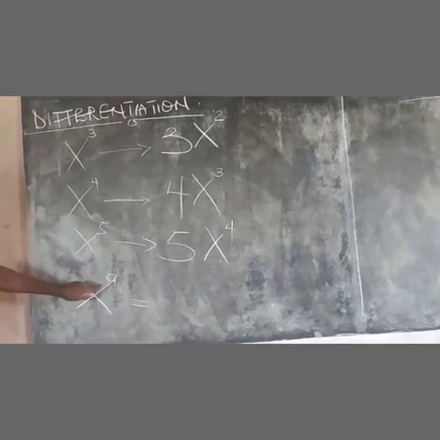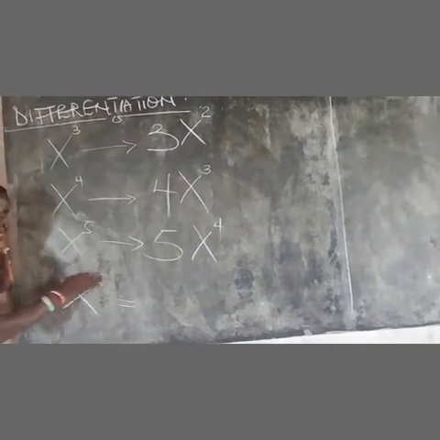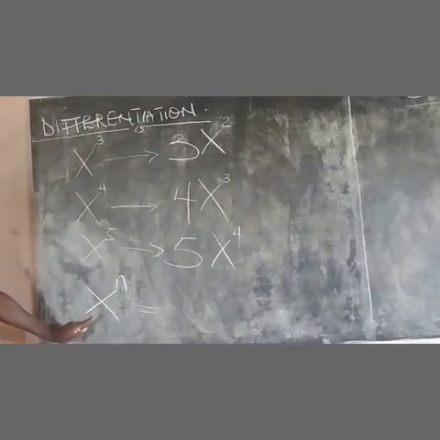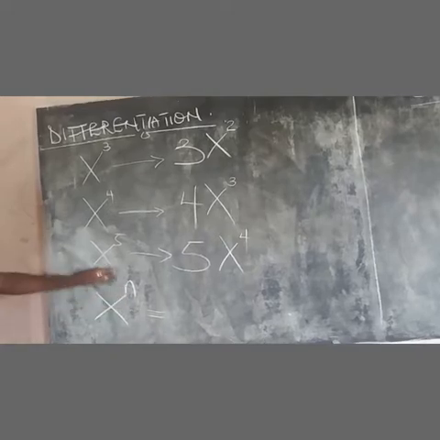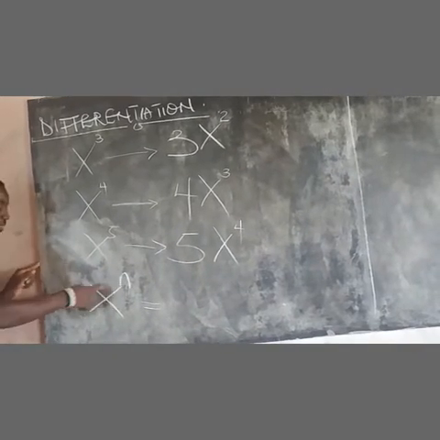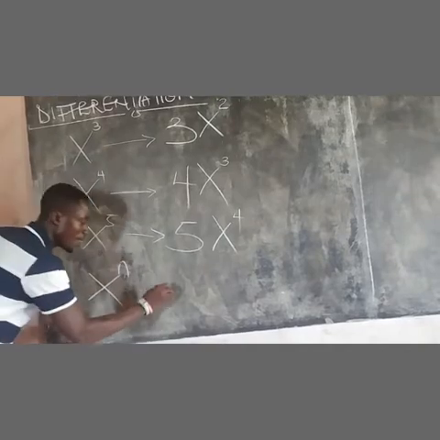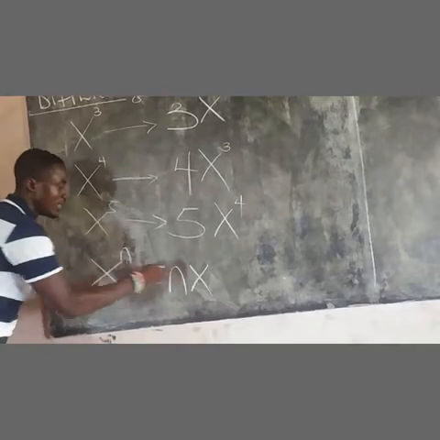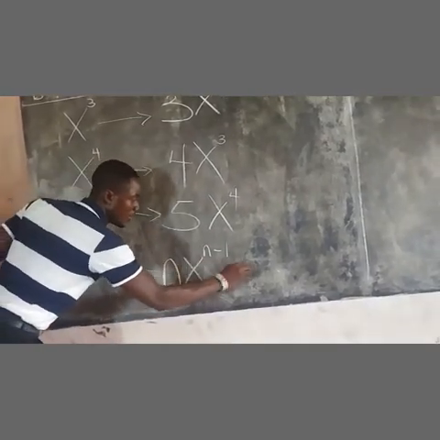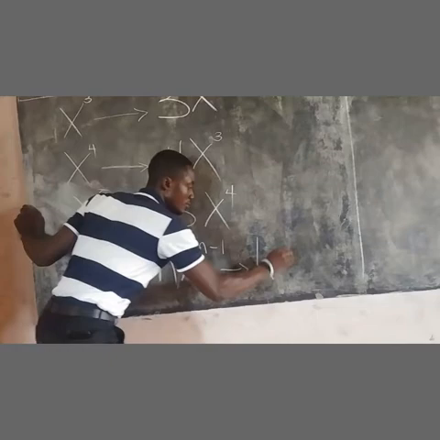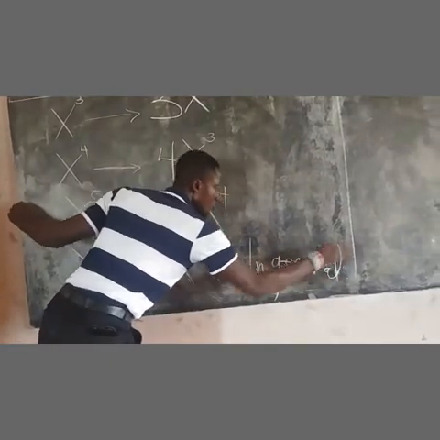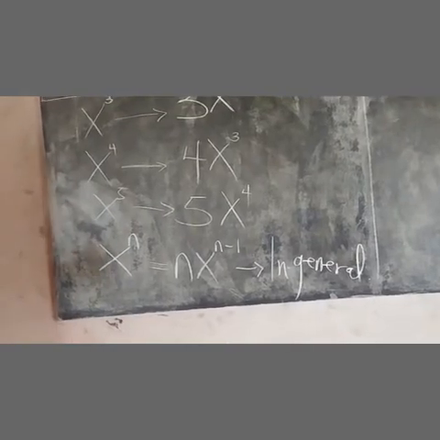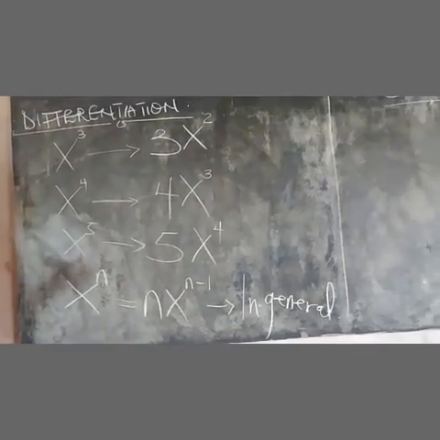If you have x exponent n, what you do is multiply the exponent of x by the coefficient of x, so you get your n here. Then you write your x, then n minus 1.